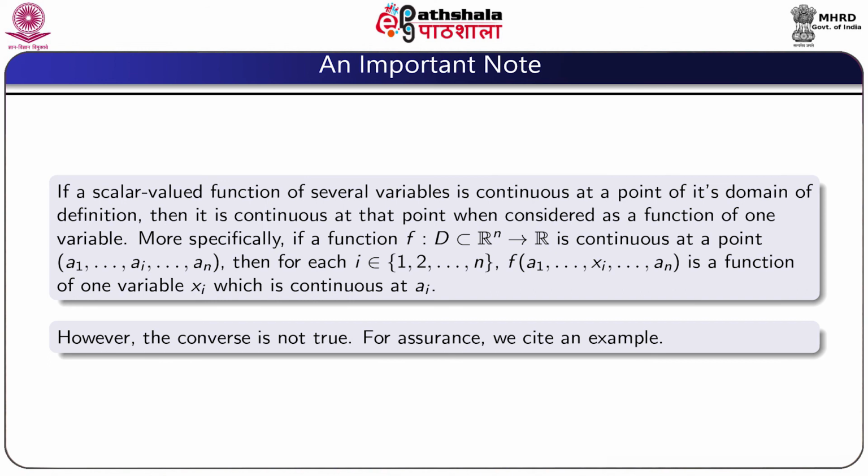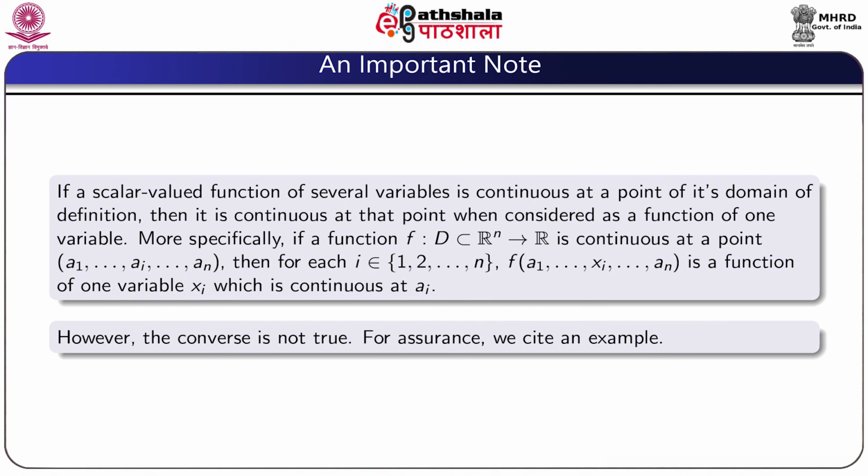We fix all the variables leaving the ith one, that is, we consider points like (a1, a2, ..., a_{i-1}, x_i, a_{i+1}, ..., an). Then f(a1, ..., a_{i-1}, x_i, a_{i+1}, ..., an) can be considered as a function of only one variable x_i. We can check that it is continuous at the point a_i.